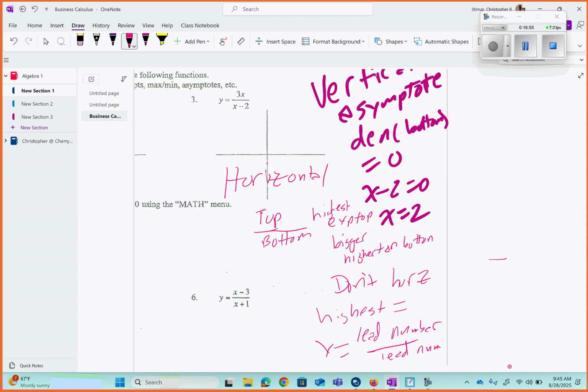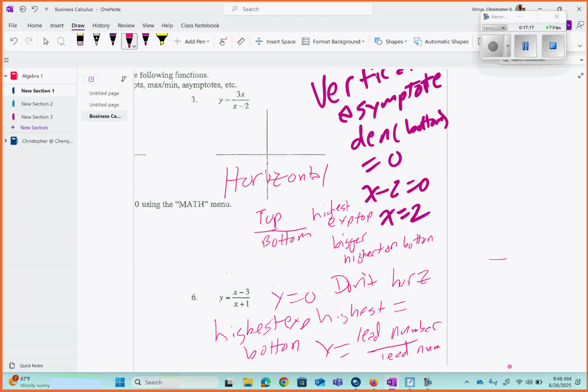And then if the highest exponent is on bottom, then y equals 0 will be that.